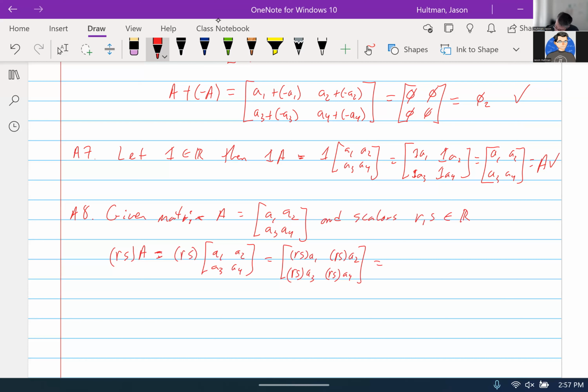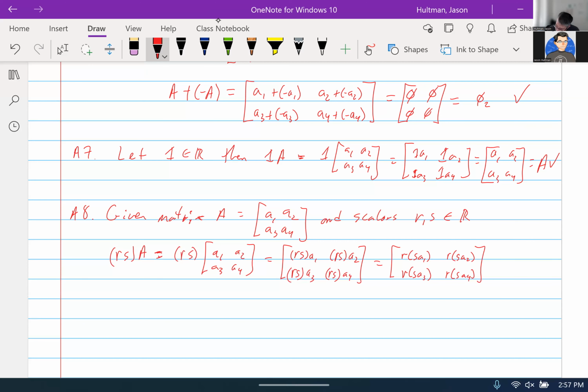which is equal to, I can regroup this using the associative property of multiplication. This is just all multiplication now inside, R times S times A, because all of the elements inside the matrix are real numbers. So they're all real numbers being multiplied, so I can reassociate these. R times S times A1, R times S times A2, R times S times A3, and R times S times A4.